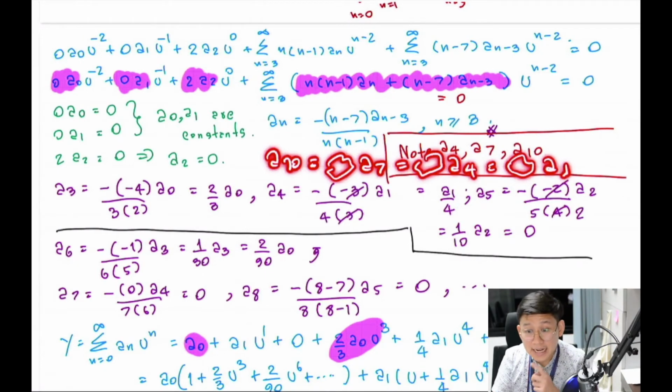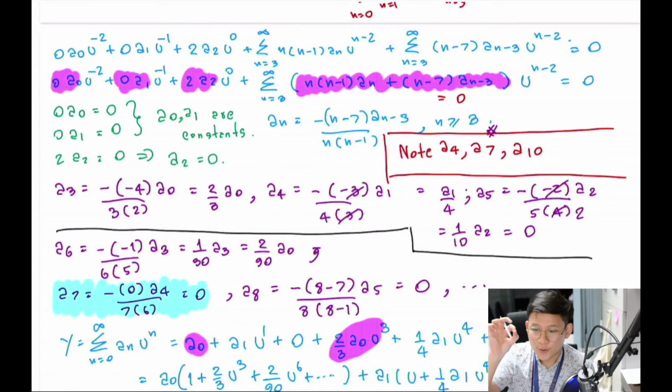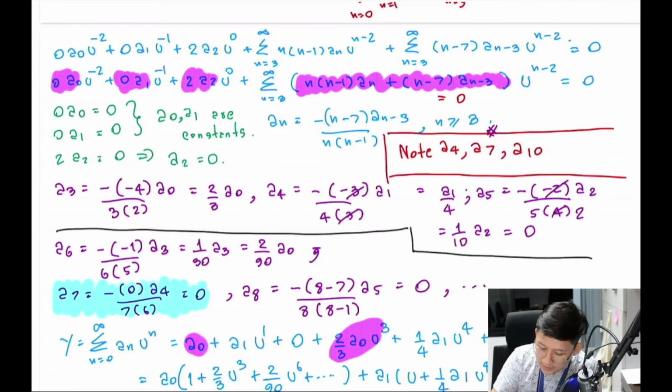But guys, if A7 is already 0, what does that mean? It means that A10 is going to be 0 as well, because A10 can be written in terms of A7, and then A13 is going to be 0, A16 is going to be 0 as well.